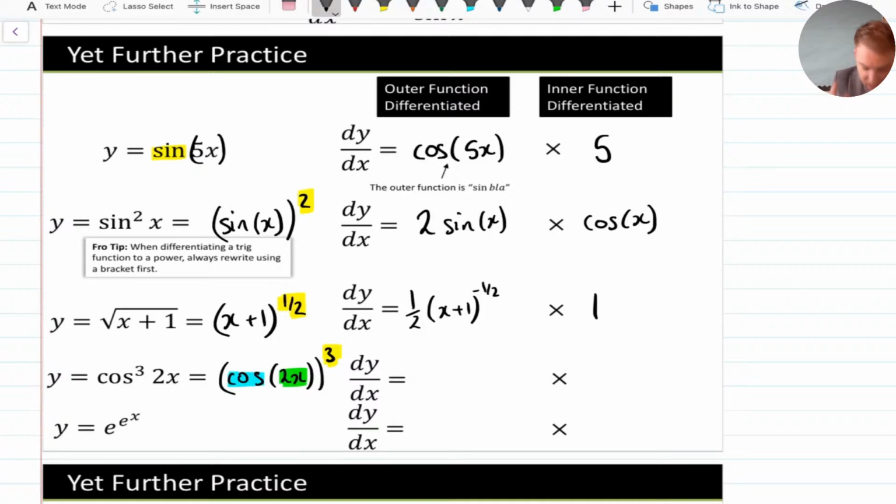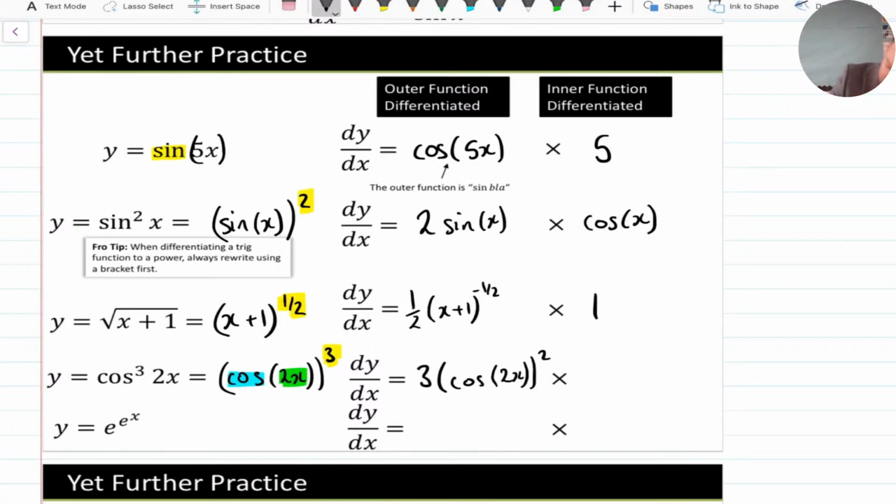So if I differentiate the power of 3, keeping everything inside the same, I end up with 3 times by cos of 2x all squared. So that's the outermost layer, keeping the things inside that the same. The next layer I'm going to need to do is that cos. So I'm going to have to differentiate cos and keep that inside layer the same.